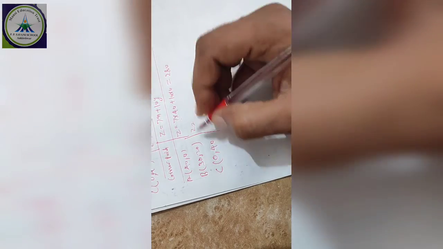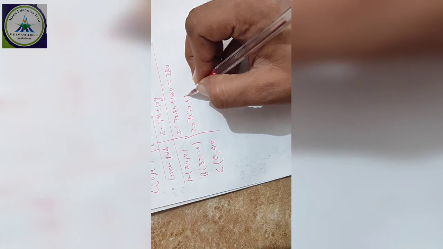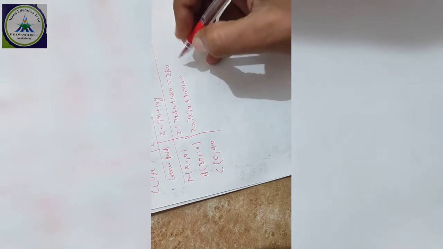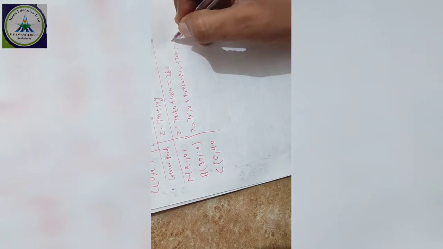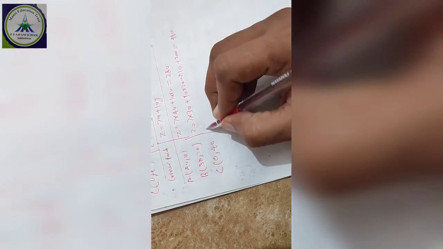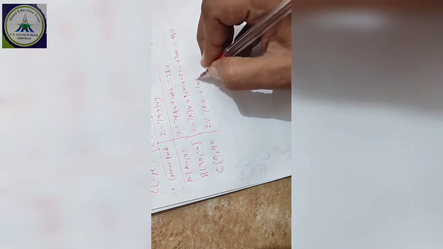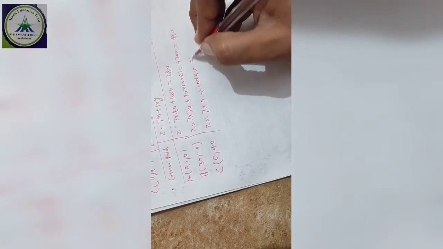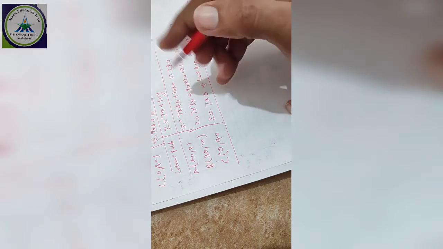At B, z equals 7 into 30 plus 10 into 20, equal to 410. At C, z equals 7 into 0 plus 10 into 40, equal to 400. We determine the maximum profit.